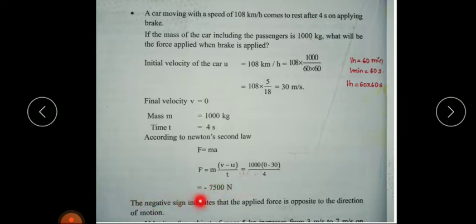The negative sign indicates that the applied force is opposite to the direction of motion. So here force is equal to minus 7500 Newton. So what it indicates? Yes, the applied force is in the opposite direction to the motion. Suppose the object is moving in this direction, then the applied force is opposite to this motion.